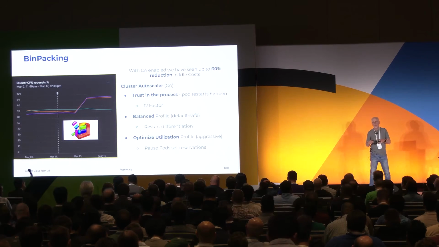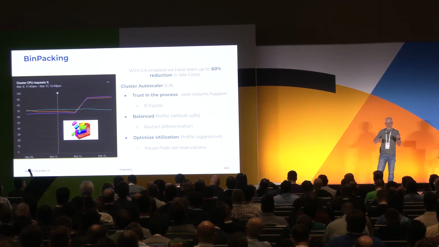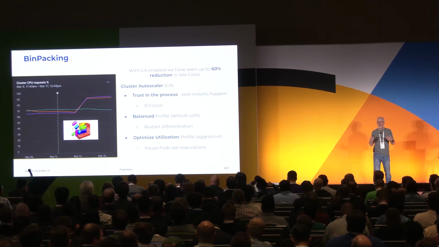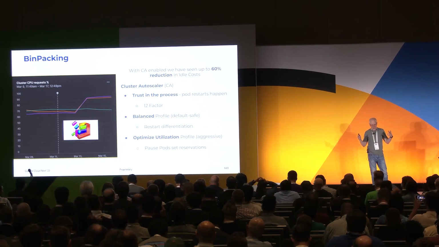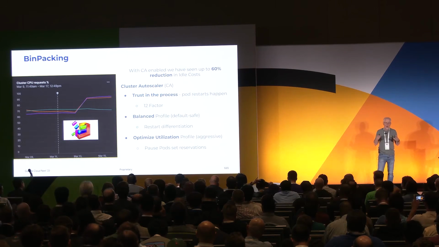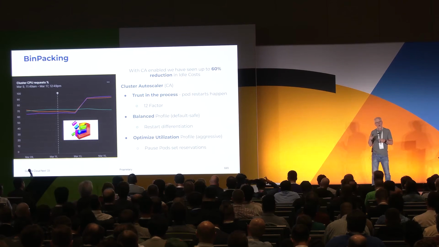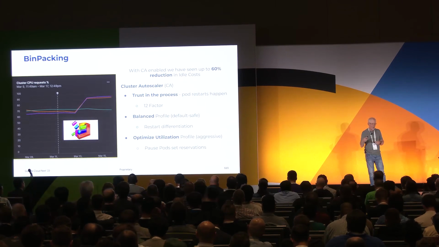We engaged initially in the balanced profile, which is essentially the default profile, and it's a safer profile. It's not as aggressive as the optimized utilization profile. The optimized utilization profile was what we later followed on with, and as that's more aggressive, it's going to give you a much larger reduction in your idle costs, but it'll also create a situation where it takes a little longer to spin up your pods.